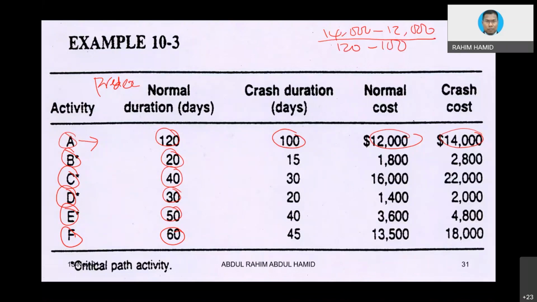So that would be 2,000 divided by 20. Basically you are going to get 100.